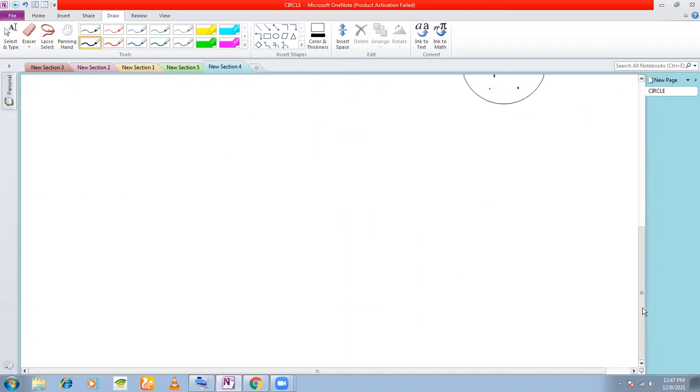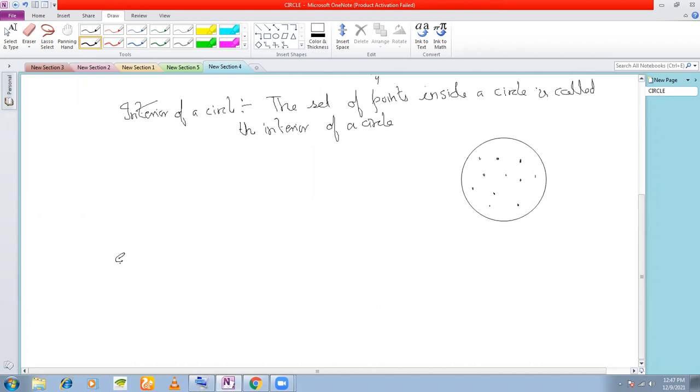Next comes the exterior of a circle. The set of points outside a circle is called the exterior of a circle.